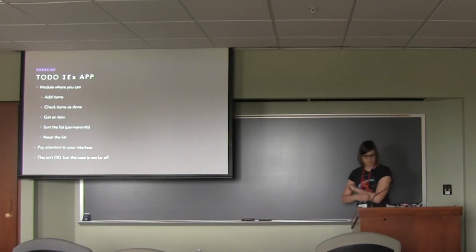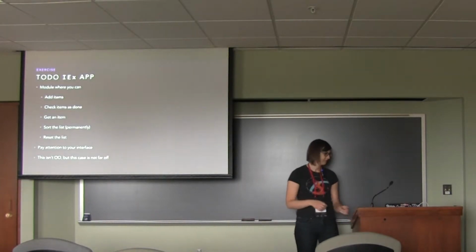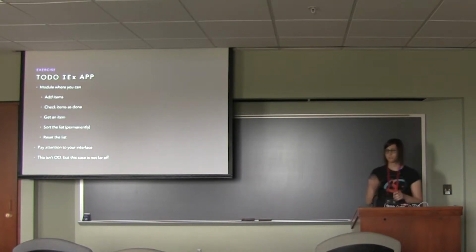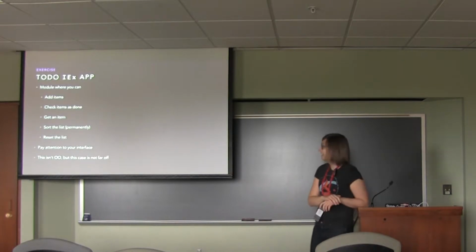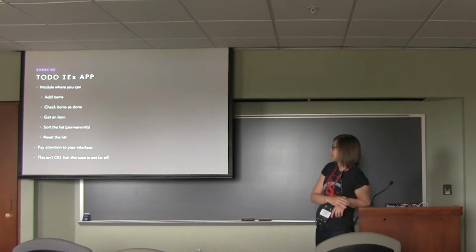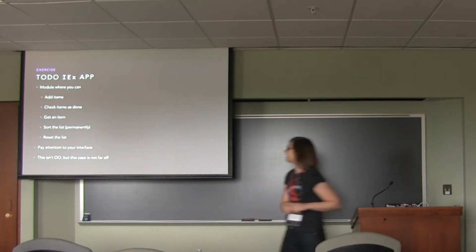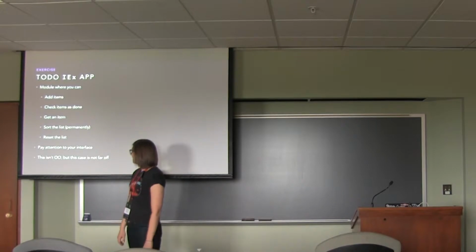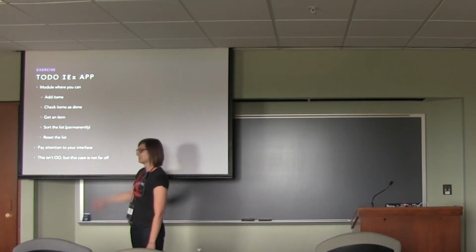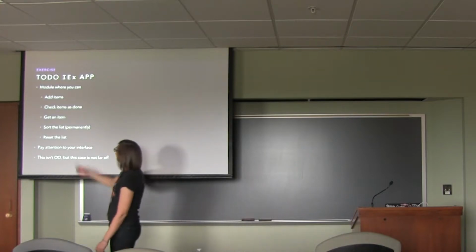All right, so using agent, write a little to-do app where you can just add a new item, set an item as done, get one, sort the list. Don't worry about that, and reset. But yeah, this isn't object oriented, but it's not that far off at this point, really.